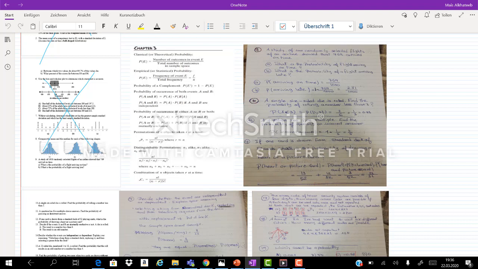Permutation of N objects taken R at a time. Now we speak about section 3.5. Permutation of N objects taken R at a time: permutation is used when the order is very important.